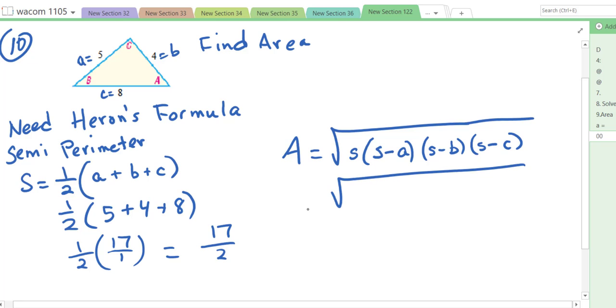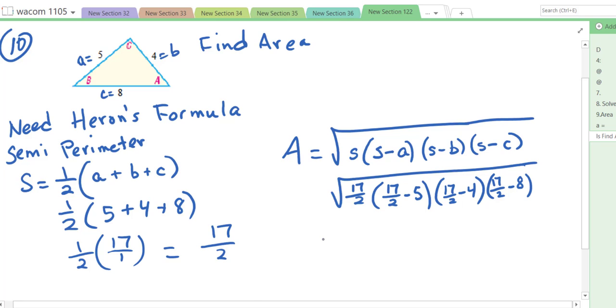So 17 over 2 and 17 over 2 minus a, which is 5. 17 over 2 minus 4, and 17 over 2 minus 8.